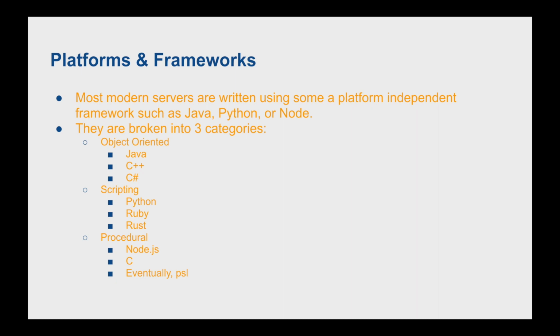And then we have procedural, which can have scoping, but they don't typically have classes inherently. Node.js, which is JavaScript, is one of the types that isn't quite centered around object-oriented programming. Same with C, and then PSL will eventually be introduced as a procedural language in the future.